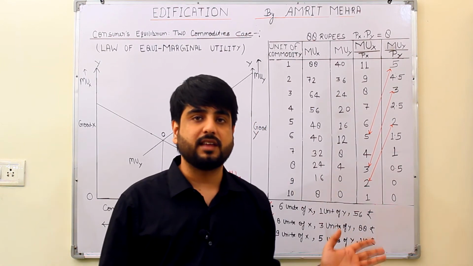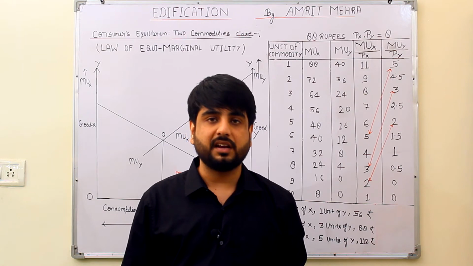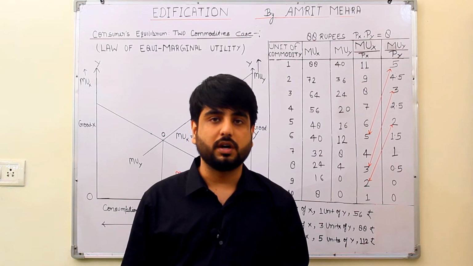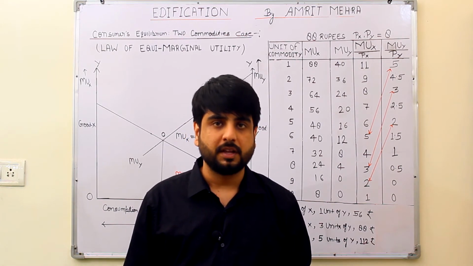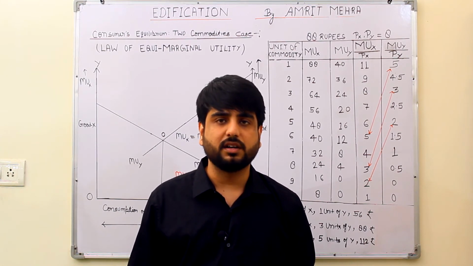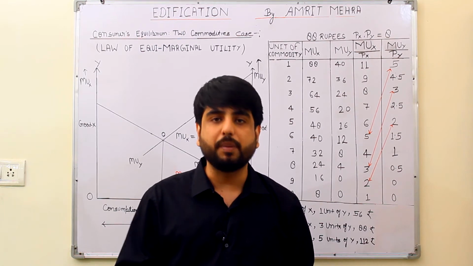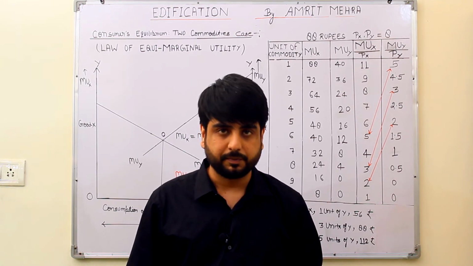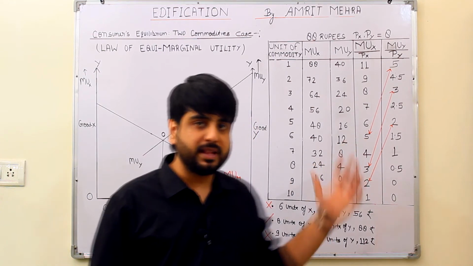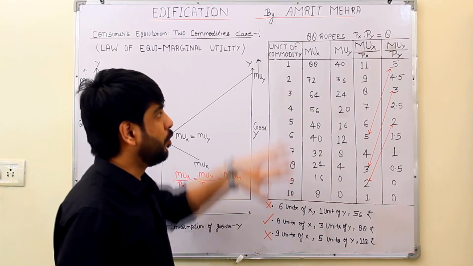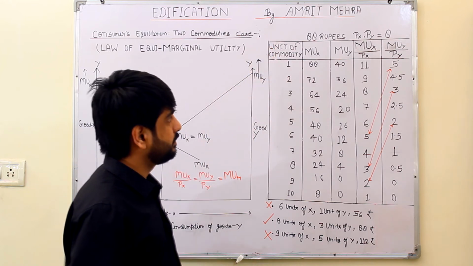Before explaining the concept, we also need to understand that we will be using the word MUM. This is marginal utility of money, which can be defined as the worth of money or worth of a rupee for a particular consumer. Now, to explain this concept, let's go with an example from the book.